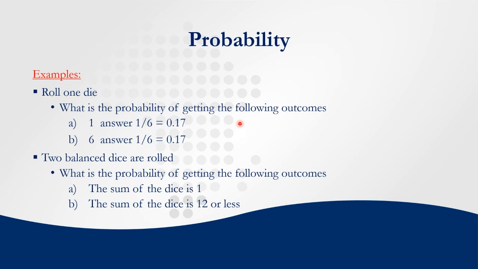So my question is, what is the probability that when I add the 2 numbers, the one appearing on the first die and the one appearing on the second die, I get a 1?